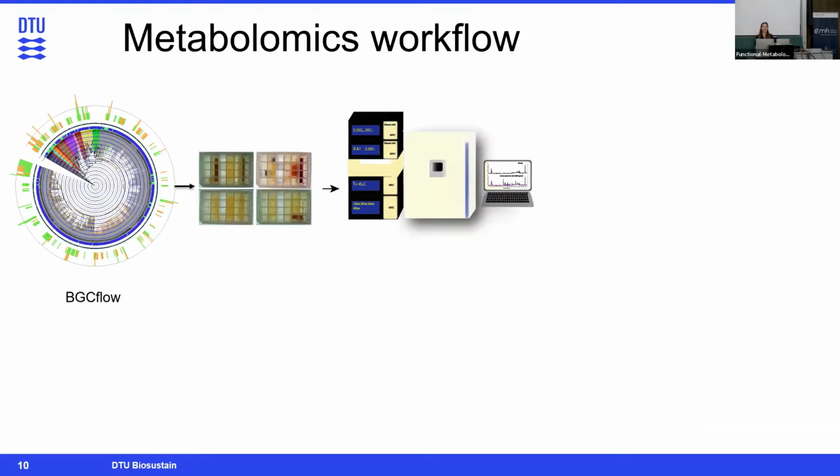So thankfully, my team also developed this BGC flow. The publication is coming up. First of all, we have high quality genome sequences of about 1,200 strains right now out of our collection. And my team built this workflow called BGC flow.